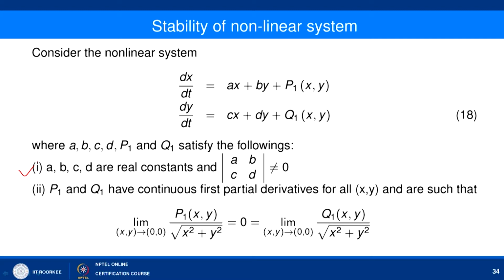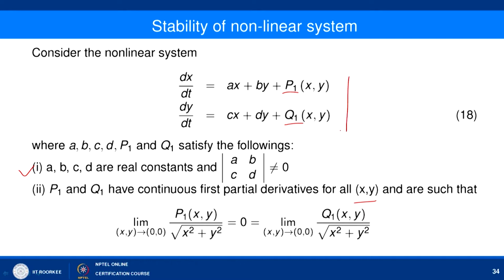Second, p1 and q1 have continuous first partial derivatives for all x, y and are such that the limit as (x, y) tends to (0, 0) of p1(x, y) divided by the square root of x square plus y square equals 0, and similarly the limit of q1(x, y) divided by the square root of x square plus y square is equal to 0.